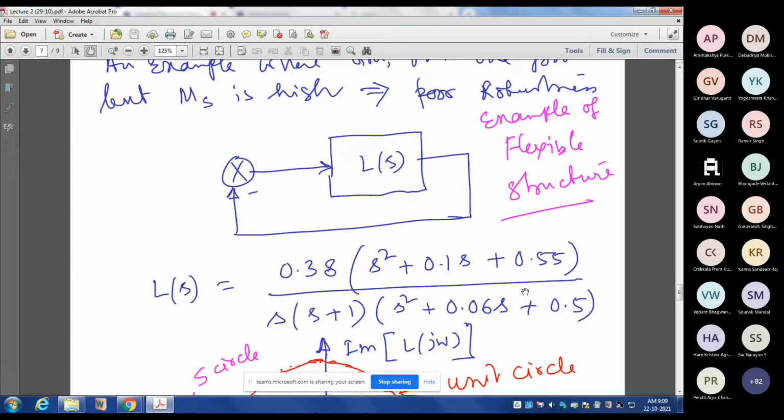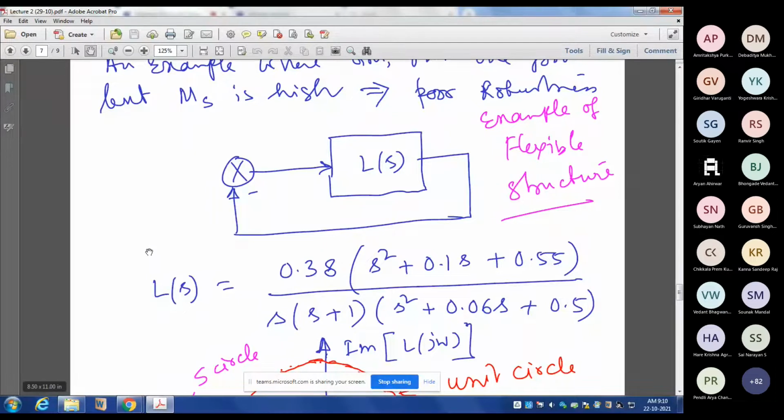If you do that, the transfer function will come out like this. Any flexible structure, flexible beam, or that kind of system will have this kind of transfer function.